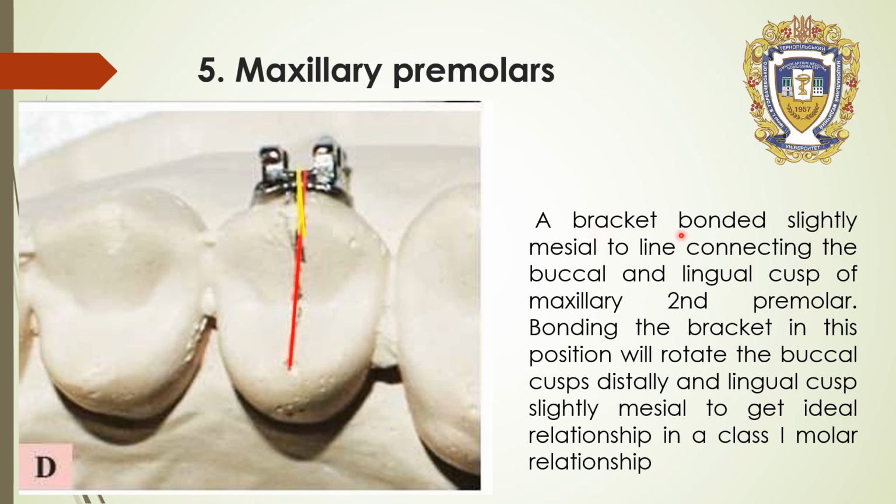A bracket is bonded slightly mesial to the line connecting the buccal and lingual cusps of the maxillary second premolar.